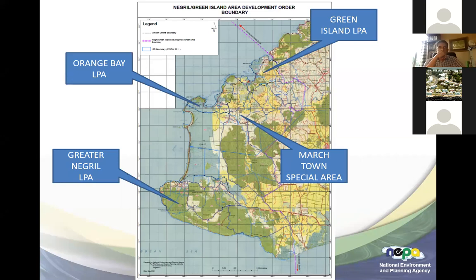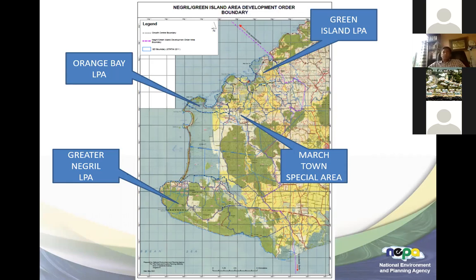There's also the Orange Bay local planning area, which also saw the inclusion of 2 additional EDs, as well as the Green Island local planning area. These 2 local planning areas also would have formed a part of the new Negril boundary of the new Negril master plan that was prepared in 2019, 2020.